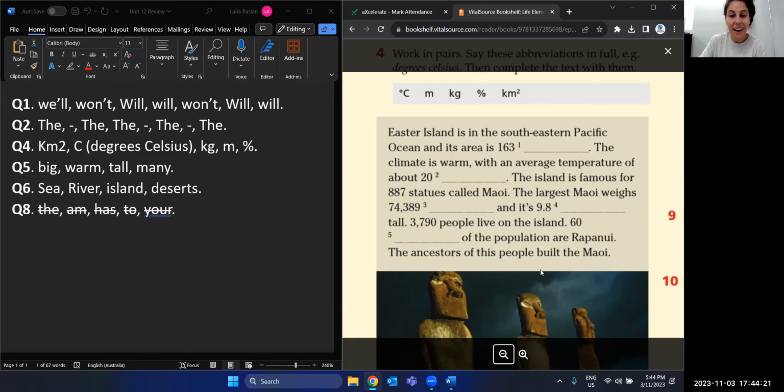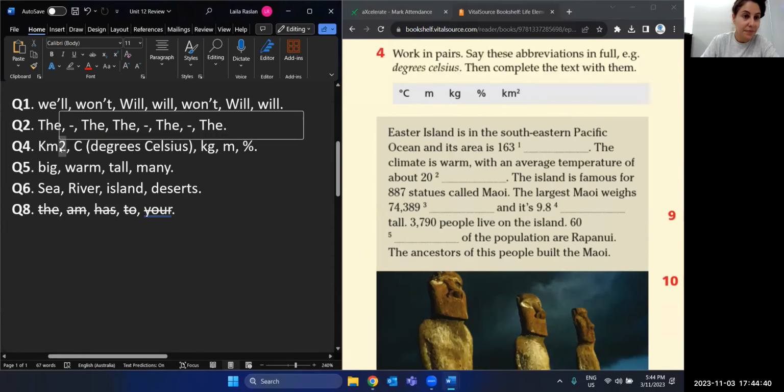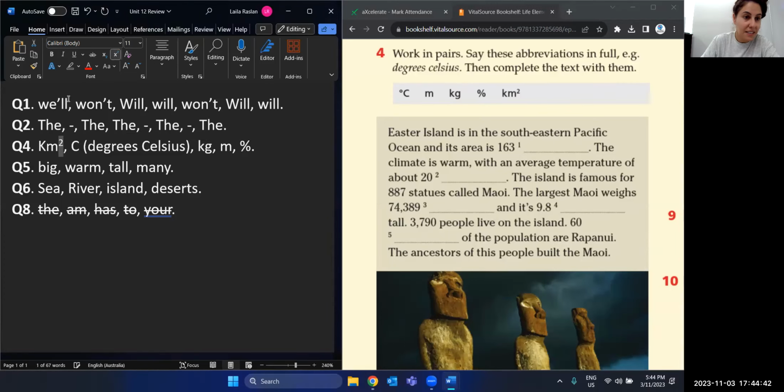So Easter Island, this is a place, is in the northeastern Pacific Ocean, and its area is 163. So when we talk about square kilometers, that's pronounced square kilometers.